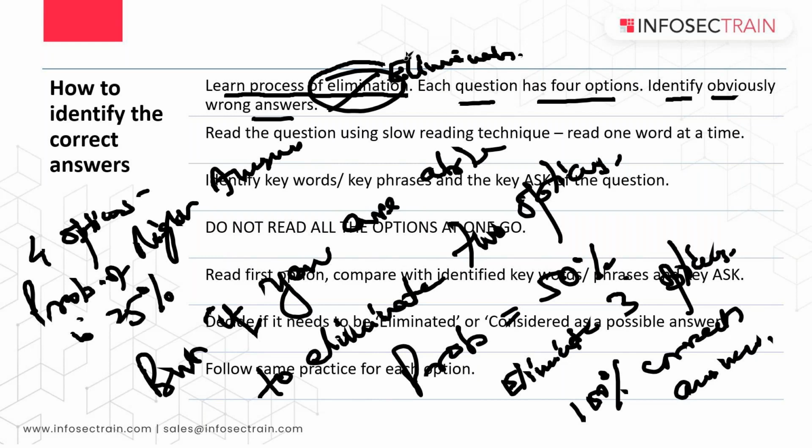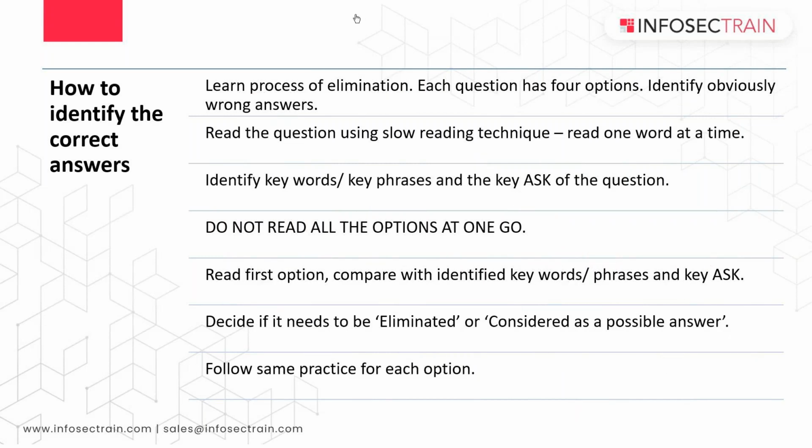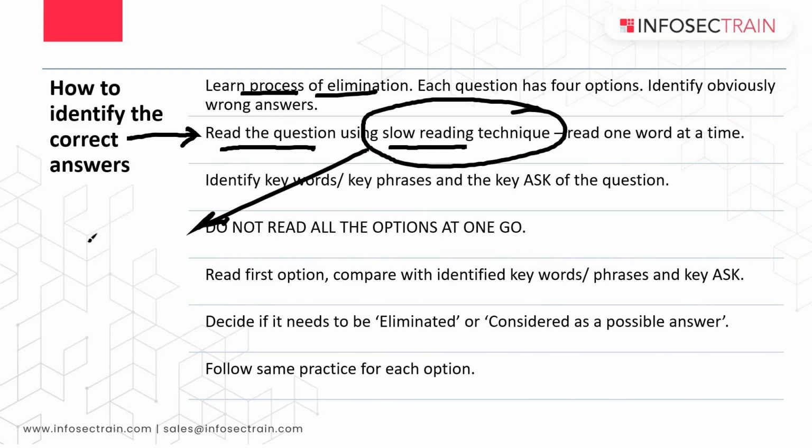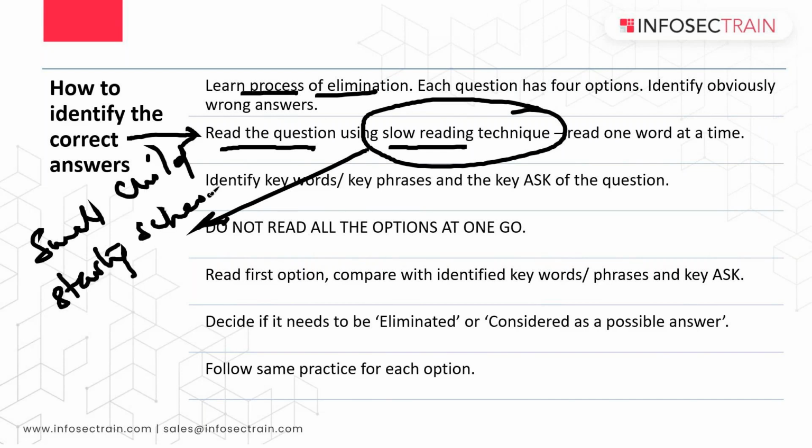So now how to do that? Easier said than done. To learn the process of elimination, where do we start? We start by practicing reading the question in a slow reading manner. We use this slow reading technique, just like a small child who is starting school, learning alphabets, learning words, learning sentences.